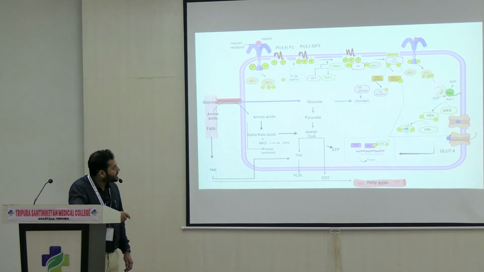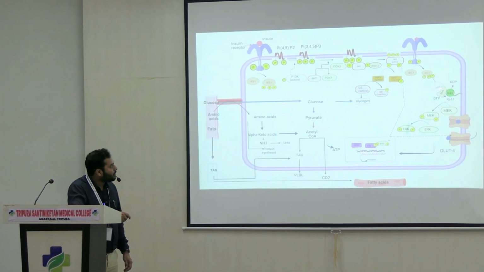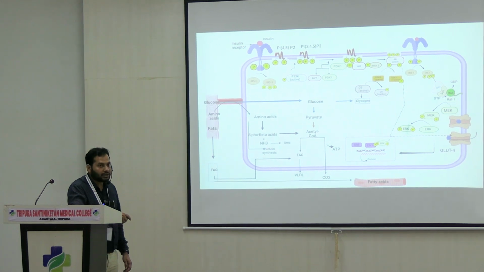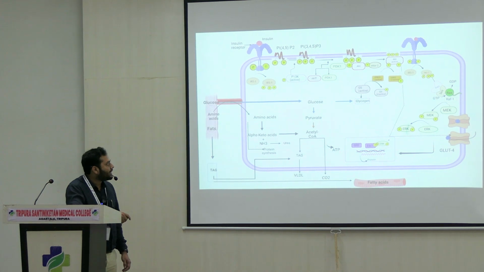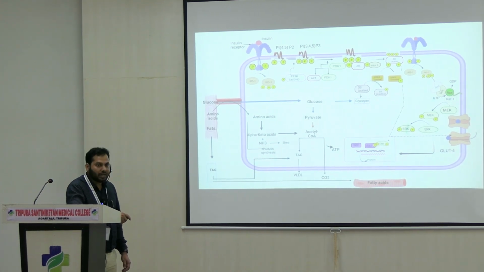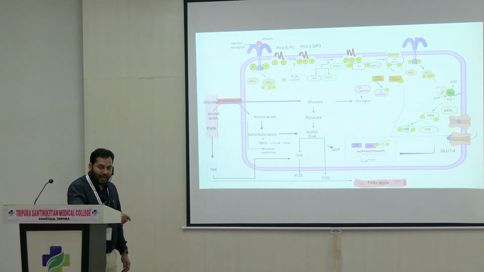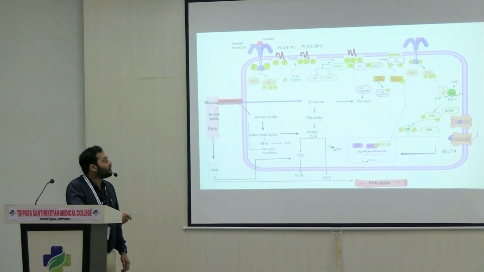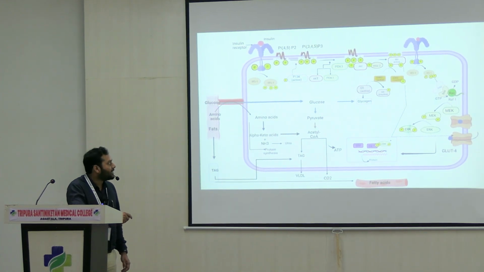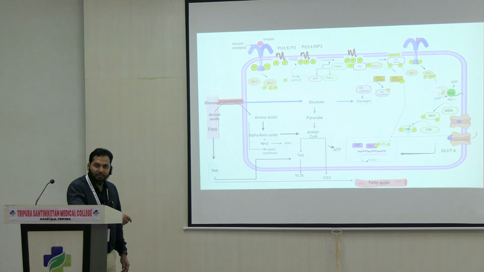In this downstream signaling cascade, there are multiple proteins, right? Initially, this activated form of IRS activates the RAS protein, and RAS activation ultimately allows the activation of other proteins that are involved in the MAPK pathway, right?